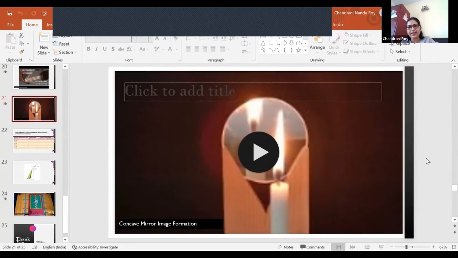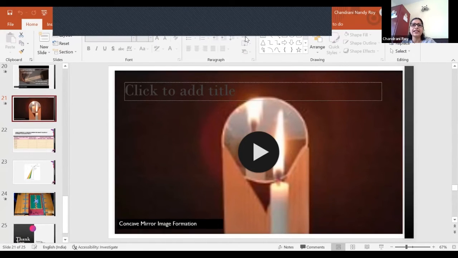Once they see the beauty of the change of position and the kind of image that we get, we can ask them to note down the characteristics of the image as we move the object away from the mirror gradually, and that will help them to understand. I'm stopping my screen share. That will help them to understand what exactly the literature in the book is all about.